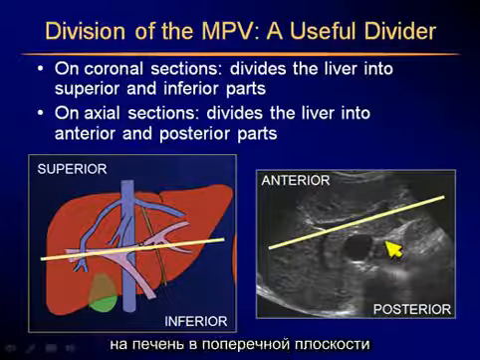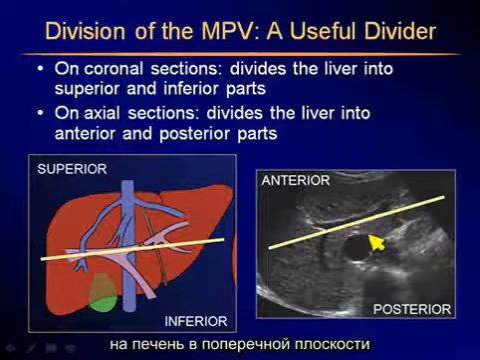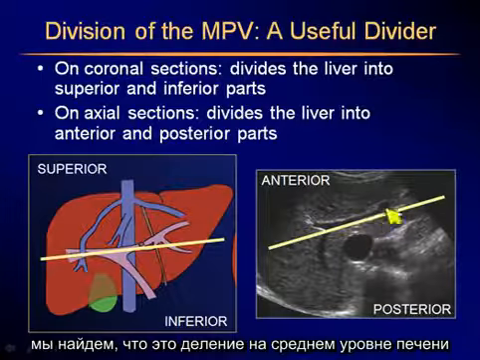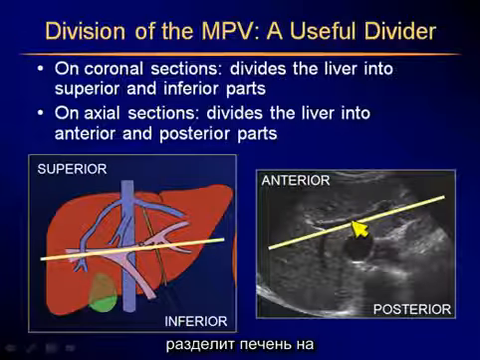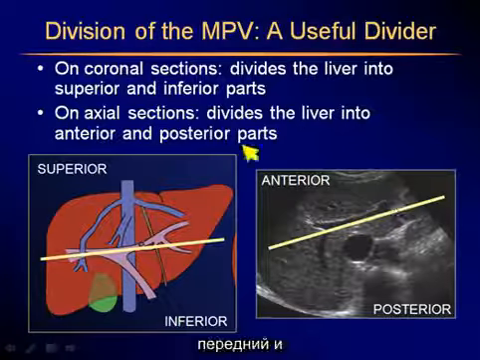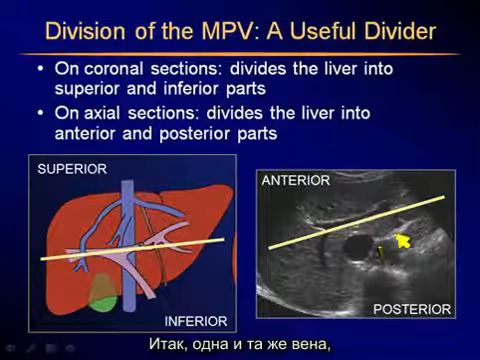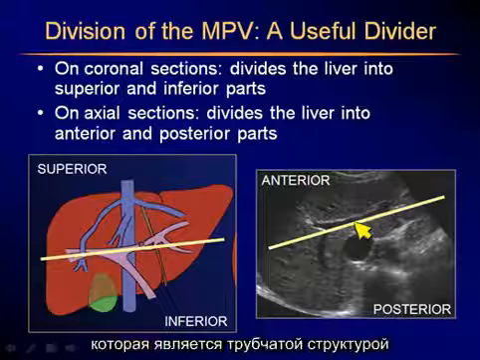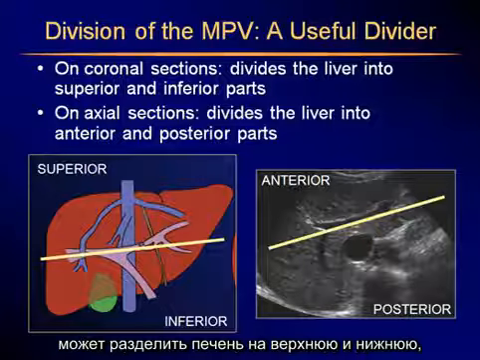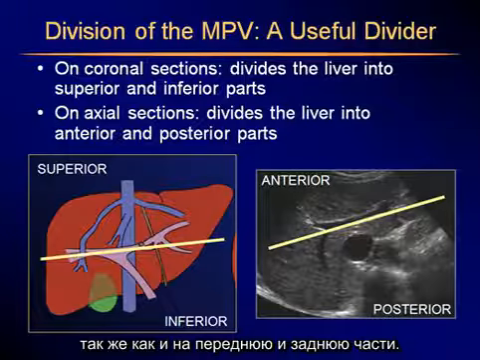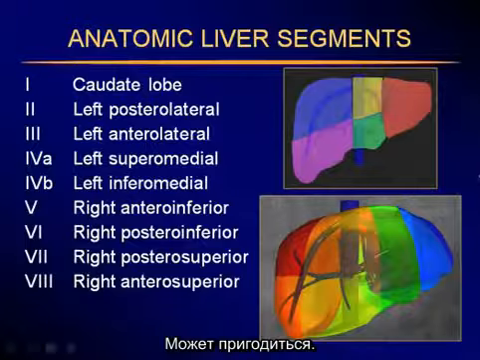If we look transversely, we slice up the liver, and we find that division in the middle of the liver, that will divide further into anterior and posterior segments. So the same vein, it's a tubular structure, can divide things into superior and inferior, as well as anterior and posterior. So it becomes useful.